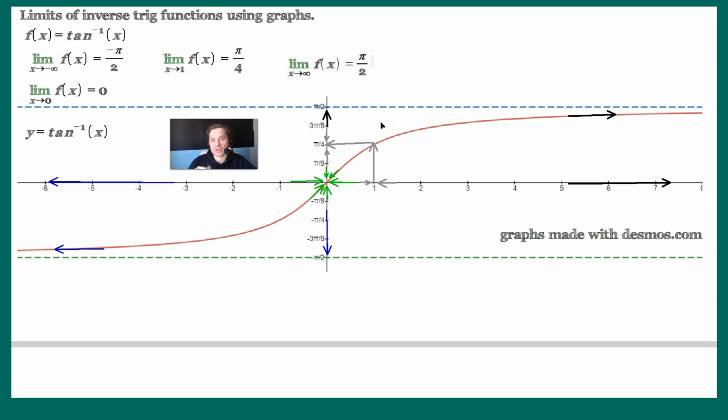It's a horizontal asymptote. And remember, the two vertical asymptotes for the basic tangent function are at negative pi over 2 and at positive pi over 2. Those become horizontal asymptotes when you mirror that one branch across y equals x to generate the inverse tangent function. That's why the graph looks like this.